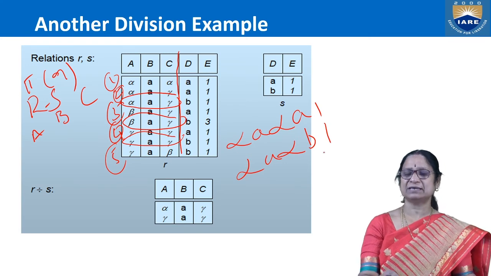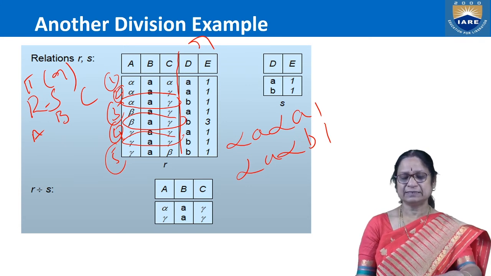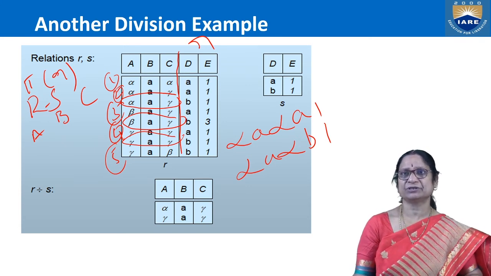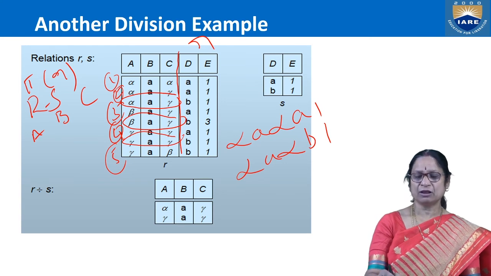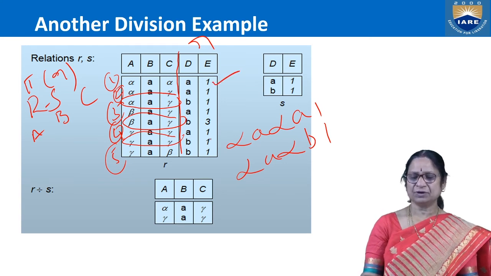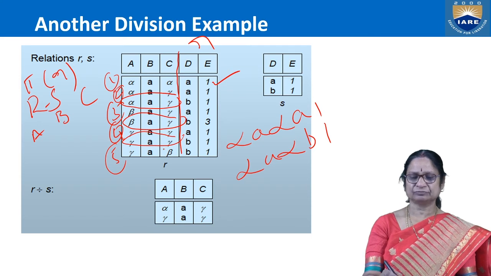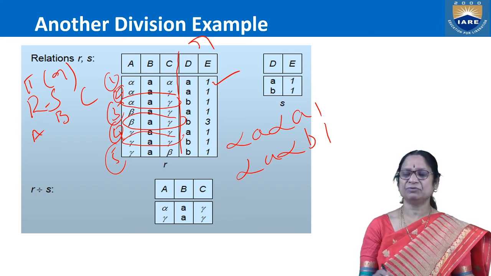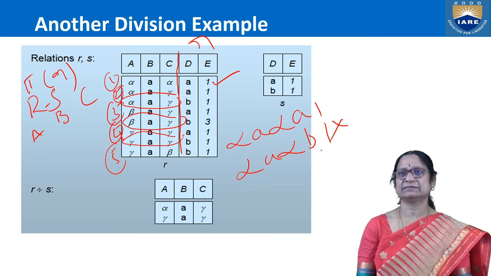If these two tuples exist in relation R, then I can result this alpha A alpha in my division. So alpha A alpha A1 is there, alpha A alpha B1 is there. Alpha A alpha B1 is not there, so it was not listed.